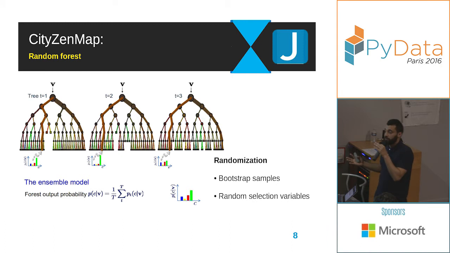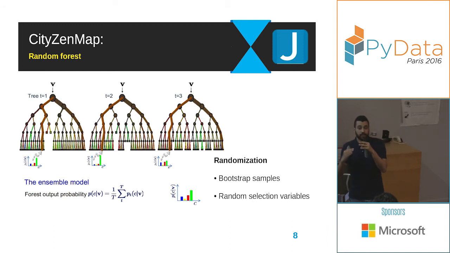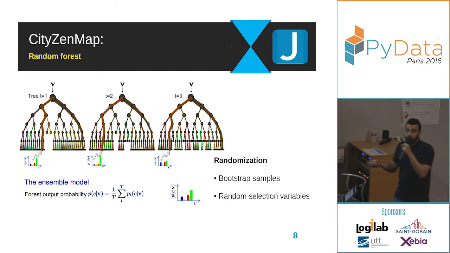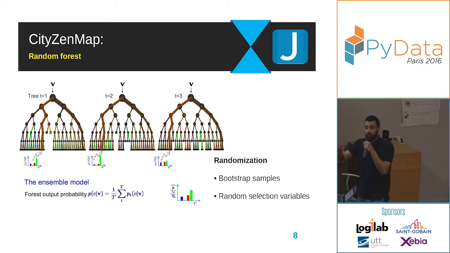The more trees we have in our model, the lower the probability of overfitting will be. At the end, if we are doing classification, we take a vote of all decision trees to get the closest to the correct answer. And if we are doing regression, we just average all the decision trees.